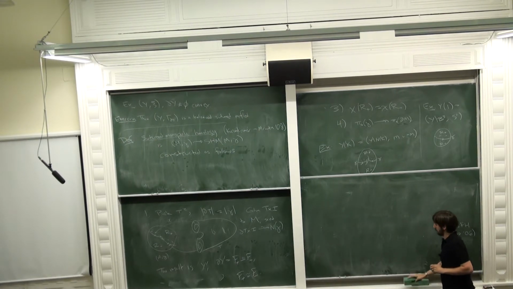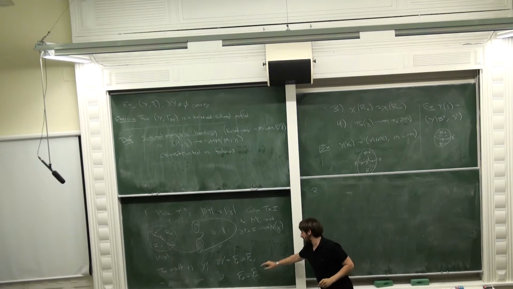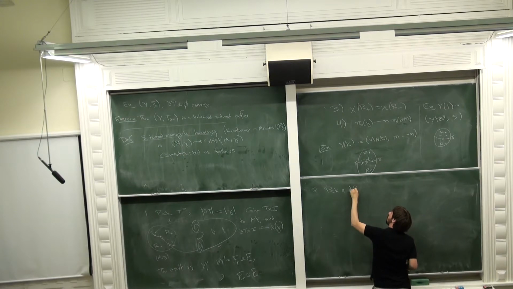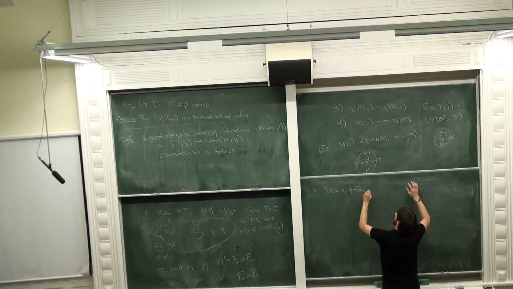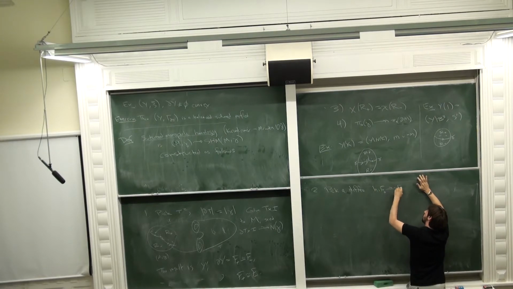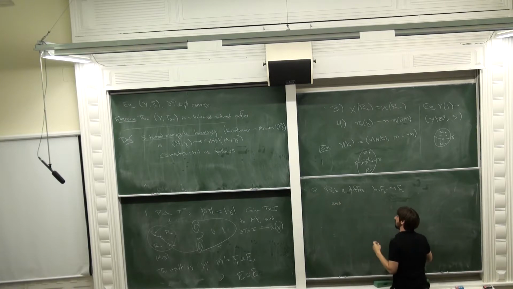All right. So step two, once we've done that, is we pick a diffeomorphism. Like I said, F plus and F minus are diffeomorphic. So we'll pick a diffeomorphism, call it h, from F plus to F minus, and we'll glue by the diffeomorphism.